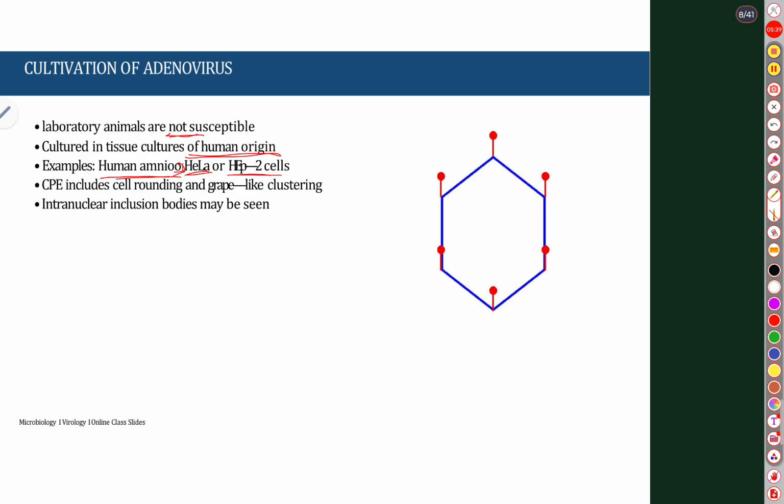We will study what HeLa and HEP2 cells are. Then the cytopathic effect of adenovirus includes cell rounding and grape-like clustering. Inclusion bodies may or may not be seen.